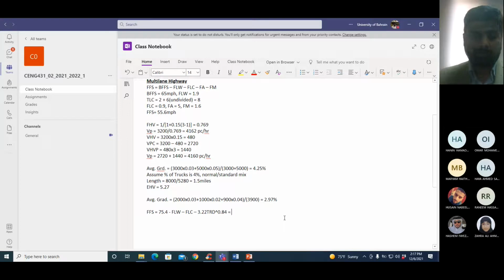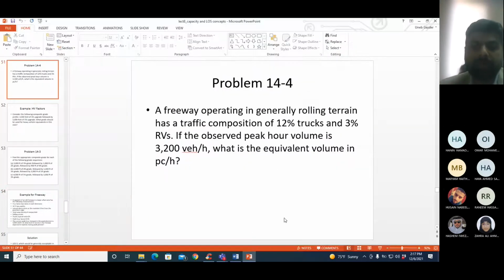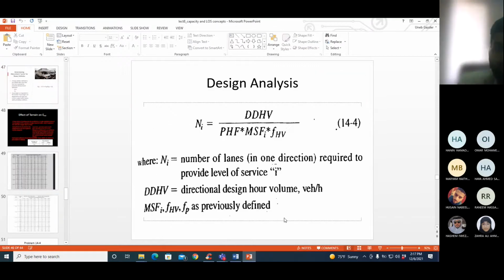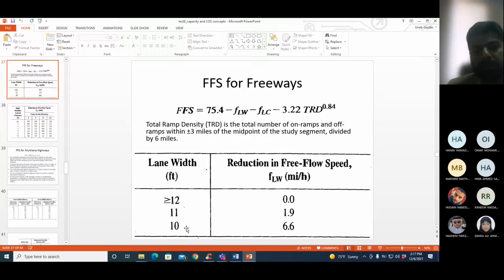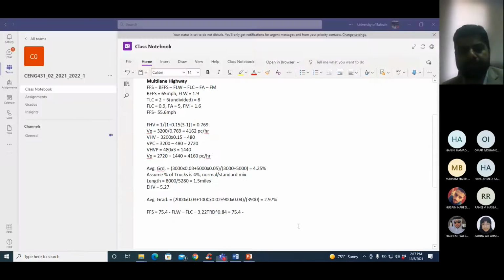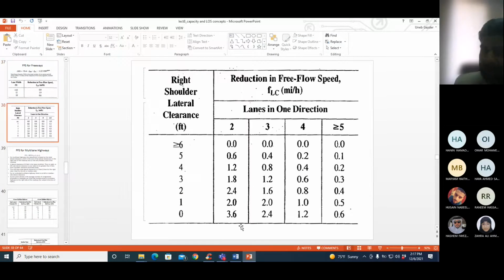Let me just do it over here. 75.4. Factor for lane width. Lane width is given as 10 feet. For 10 feet lane width, the factor is 6.6. Then factor for lateral clearance. Lateral clearance on the roadside is given as 0 feet.